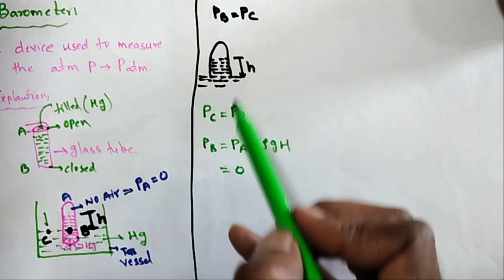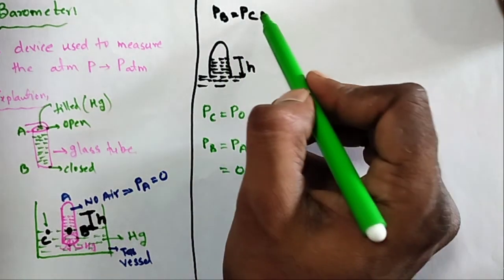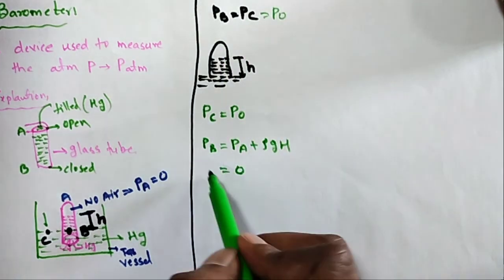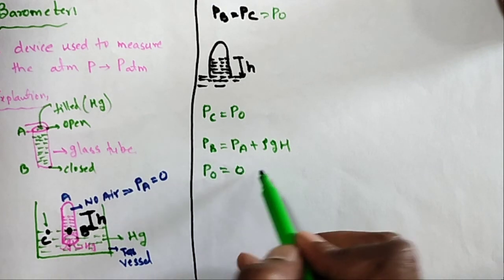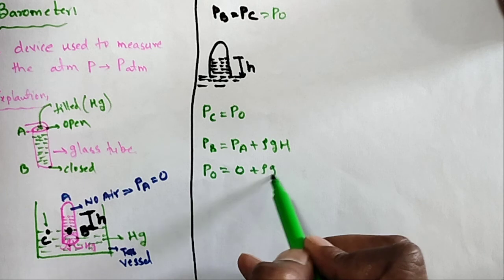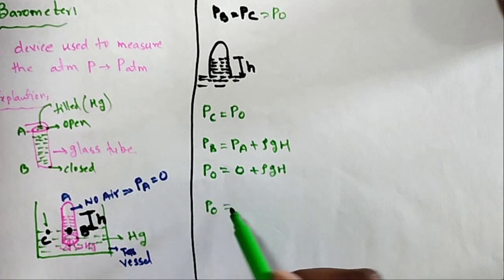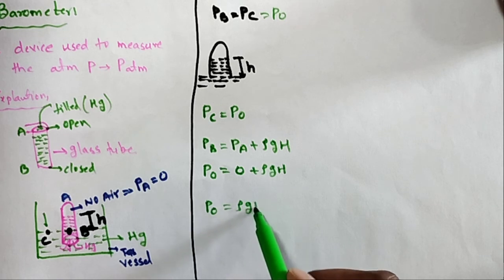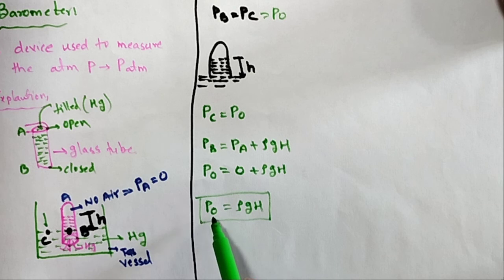Pb is equal to Pc, and Pc is equal to P naught. Therefore P naught is equal to Pa plus 0 plus rho gh. So finally P naught is equal to rho gh, where P naught indicates atmospheric pressure.